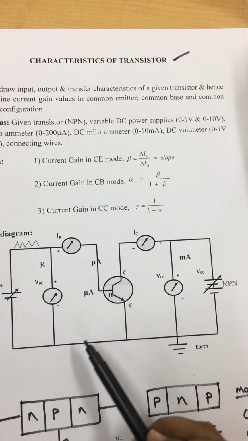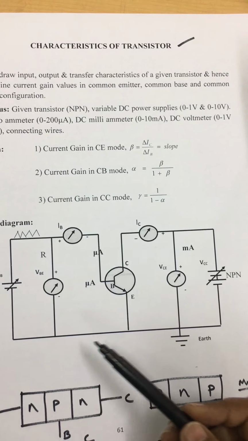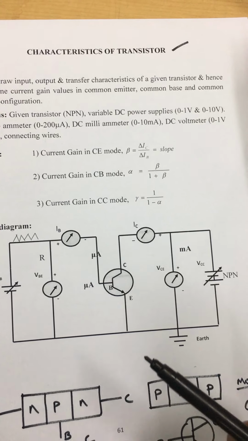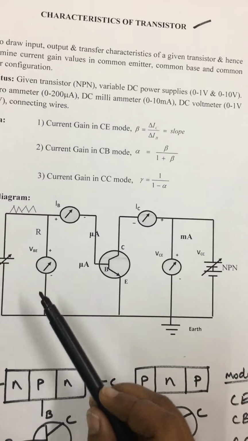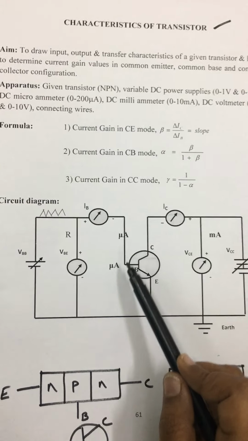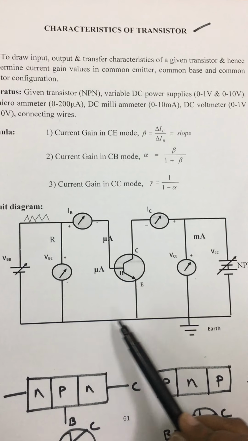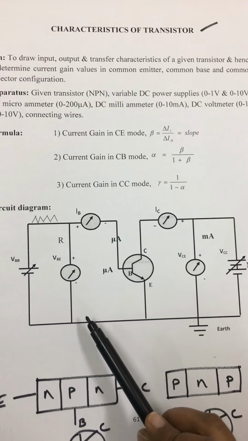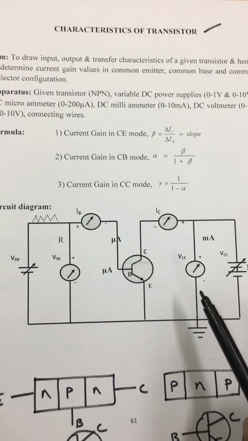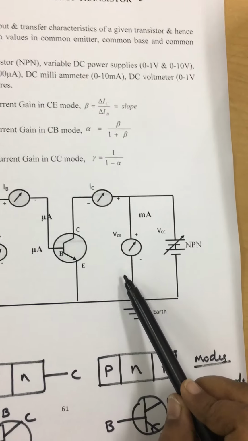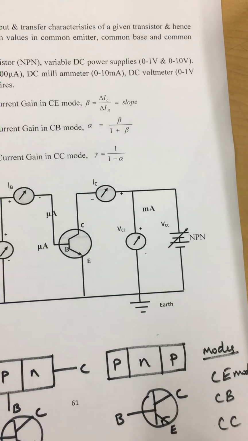Forward bias means P type is connected to positive and N type is connected to negative. The same thing is happening here: positive is connected to the base and negative to the emitter. It is a forward bias input circuit and this is the reverse bias output circuit.